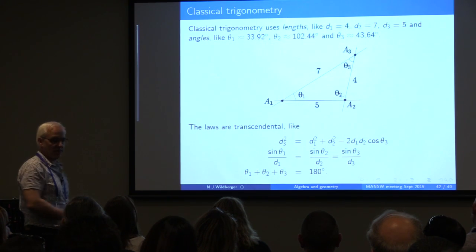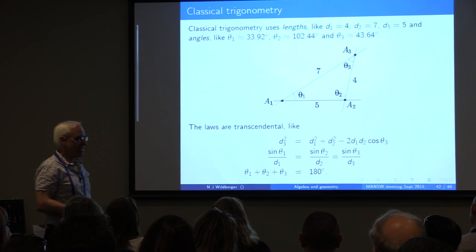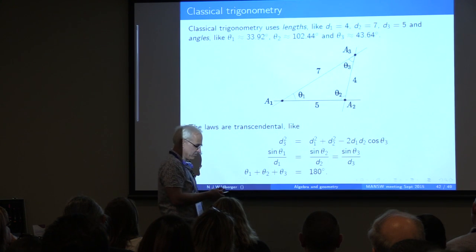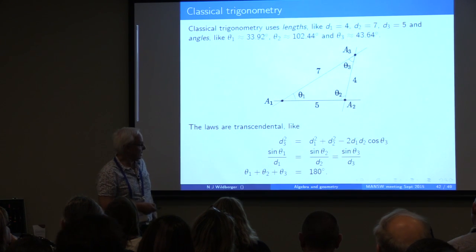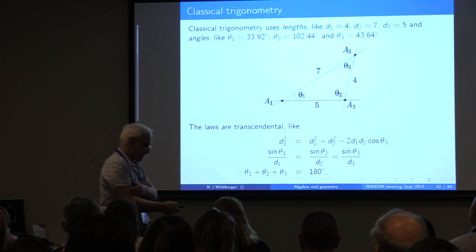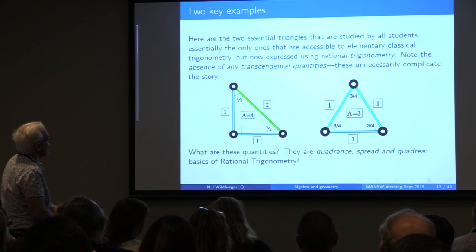They're actually infinite decimals that go on, with an infinite amount of complexity in them. So classical trigonometry is necessarily an approximate subject that's really more an applied subject. It works, but it's not really that elegant theoretically.